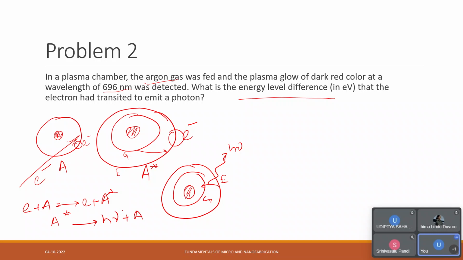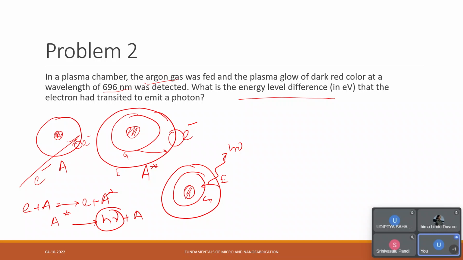Yes, so this h nu is essentially the wavelength of light, the light that you are getting. Okay, so this is the basic concept that is going on. So yeah, so now we want to try this, or should we go directly to the answers?